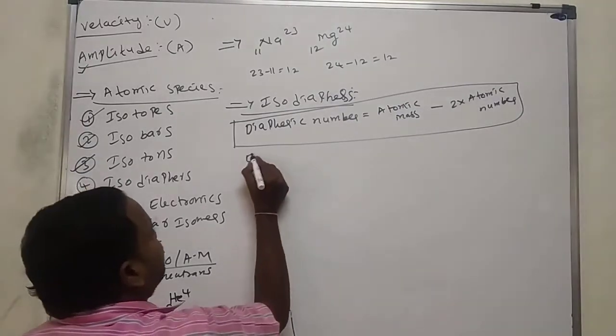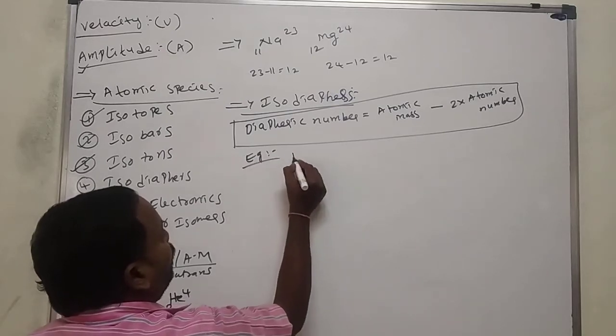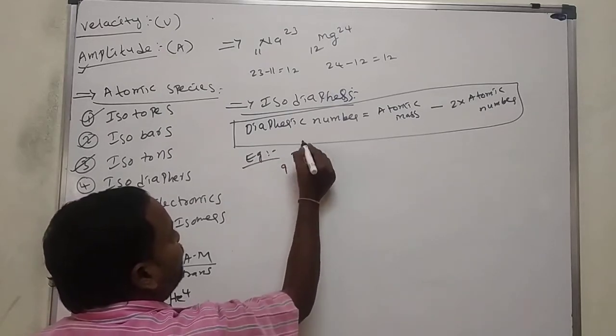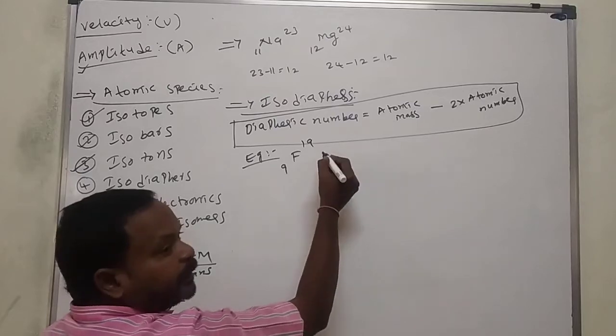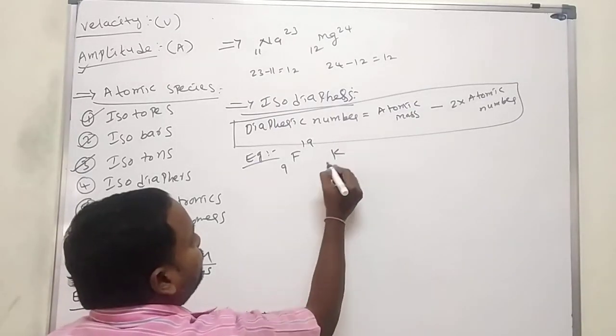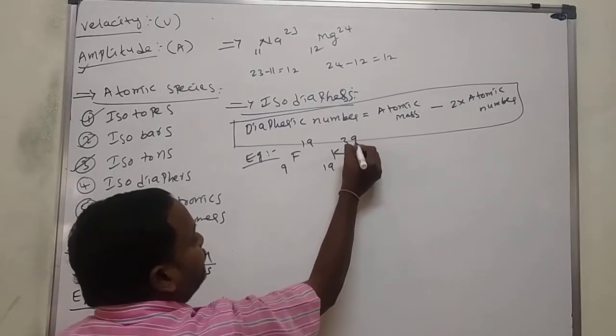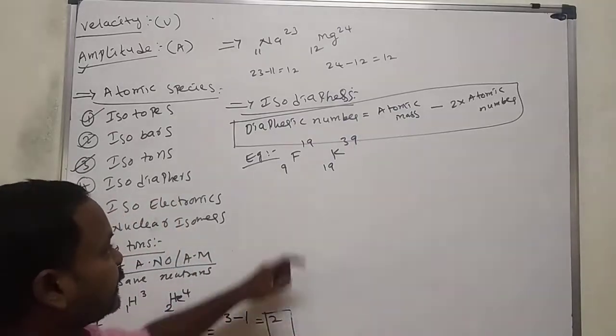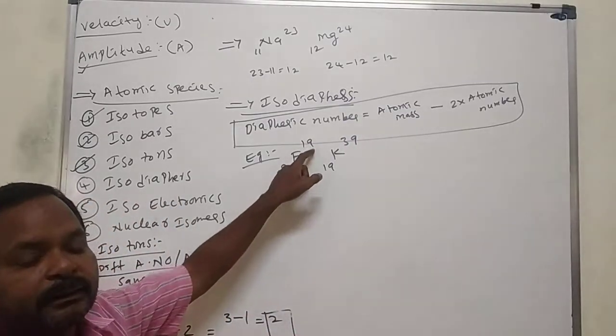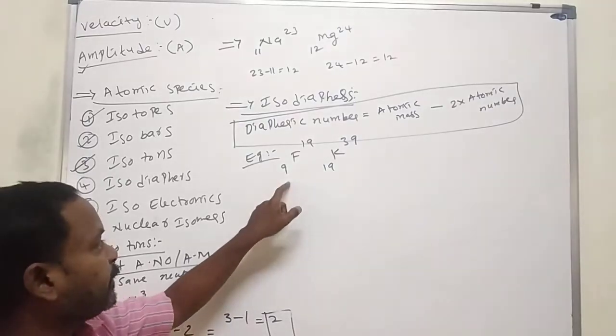Examples of isodiaphers: fluorine 9, 19 and potassium 19, 39. The mass of fluorine is 19, atomic number 9.